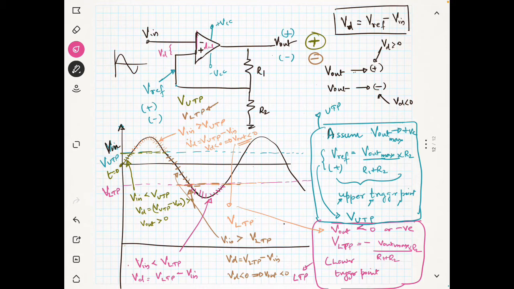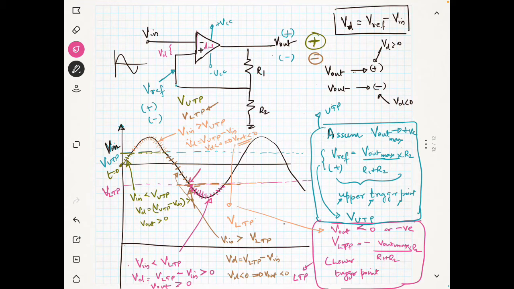Suppose VLTP is minus 10 and Vin is minus 12. So this becomes a positive number. So VLTP minus Vin becomes greater than 0. So Vout will again change to greater than 0. That means it will change to positive.